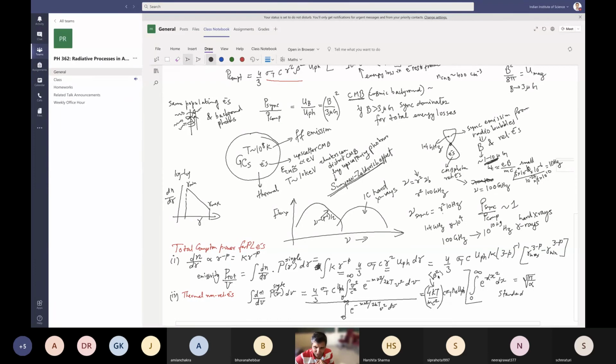This is just the average value of v squared by c squared. So v squared for a thermal non-relativistic distribution is just kT over m, divided by c squared. So this had to be of this form. What this means is that if you have thermal non-relativistic electrons, then this is what your total inverse Compton power is.